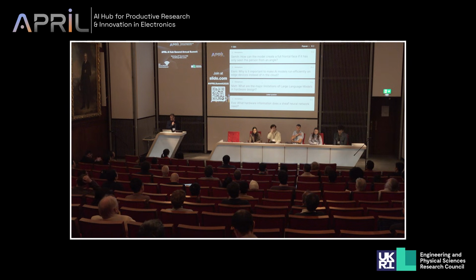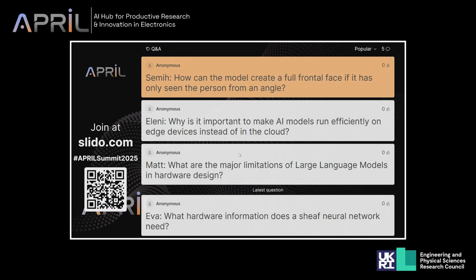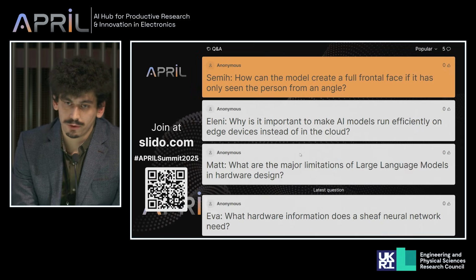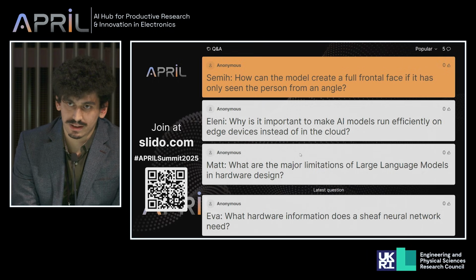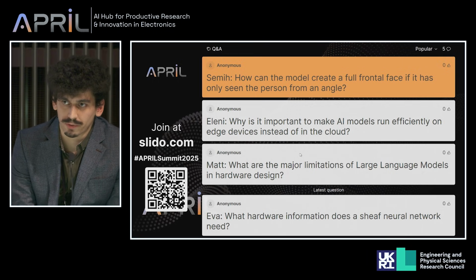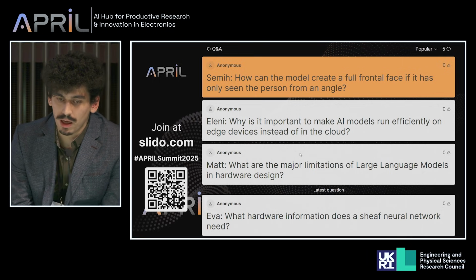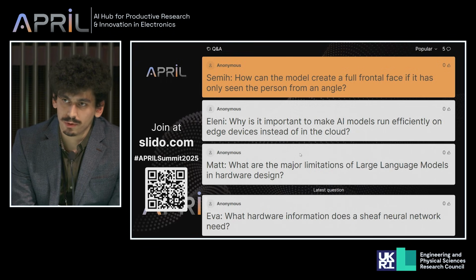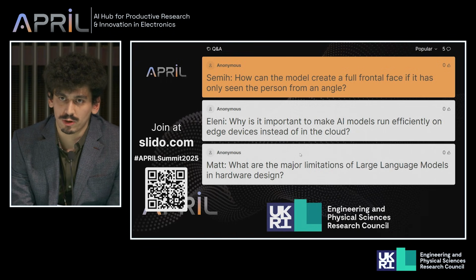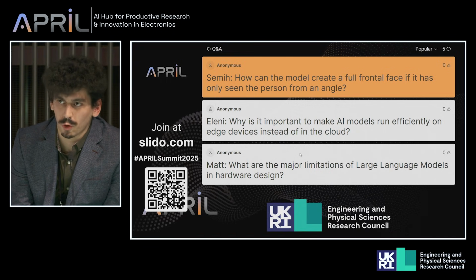How can the model create a full frontal face if it has only seen the person from an angle? So this is an interesting question, but the main point is here, if you're looking for somebody to recognize, you have to know this person beforehand. As an example, when you are applying for a passport or driving license, you're providing your biometrics to the government or authorities.